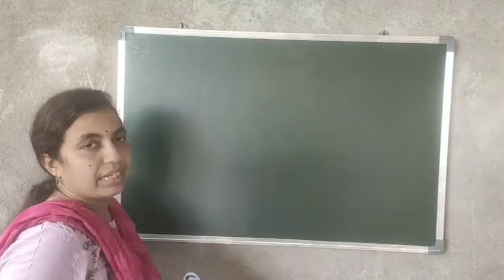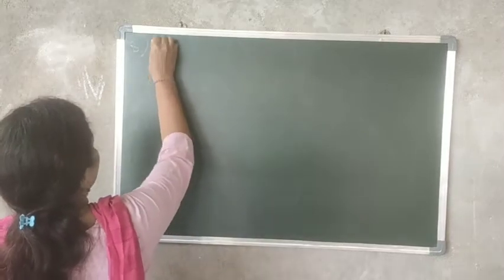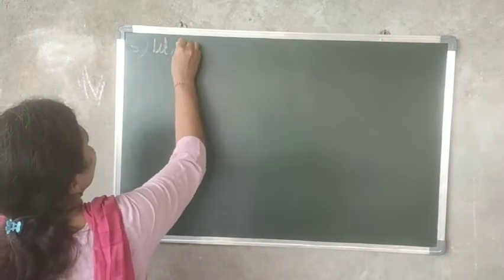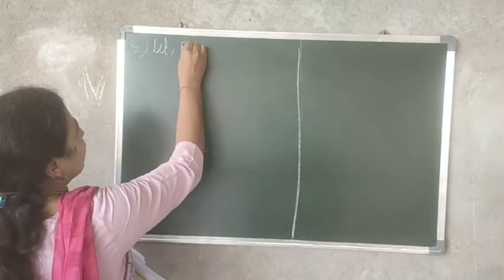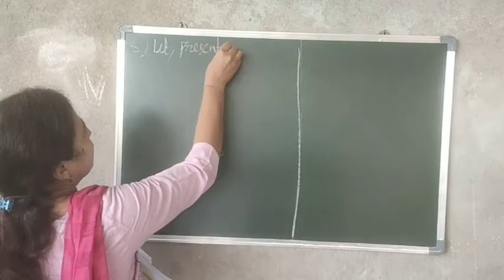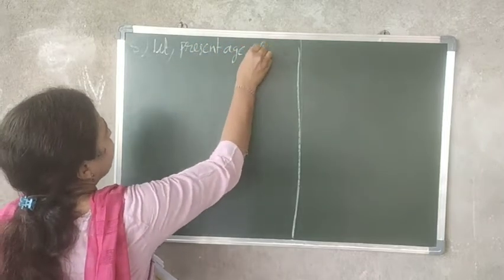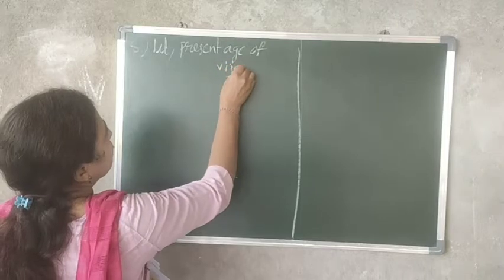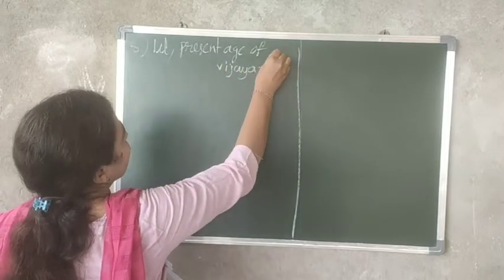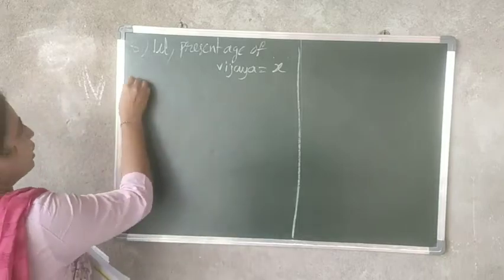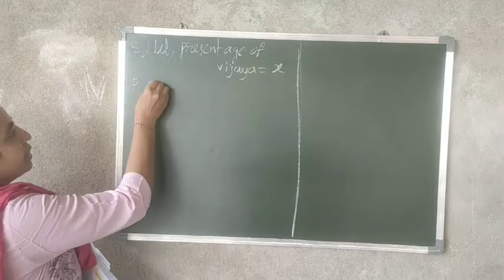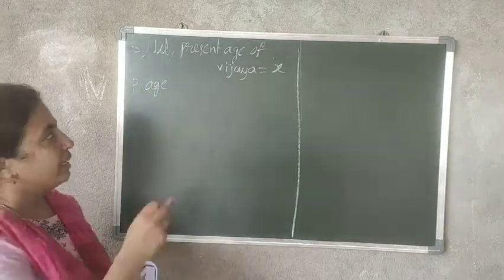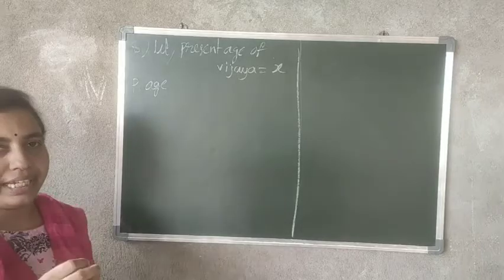Let us write the given information first. Let the present age of Vijaya be X. You should write it as present age.